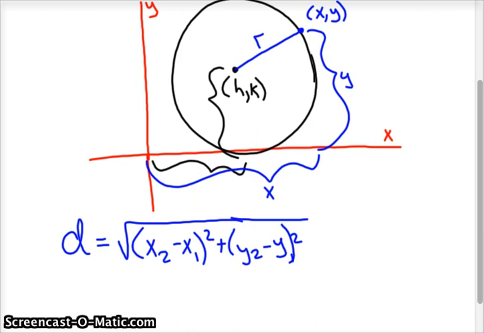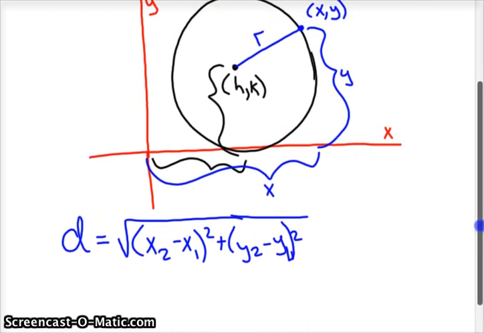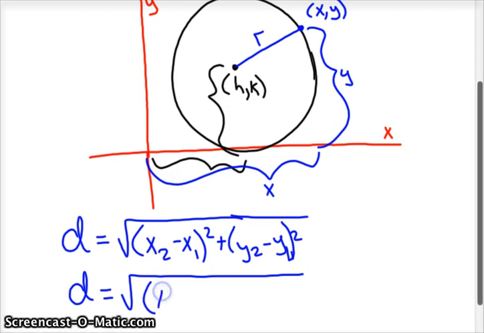Let's plug in what we have. One of our points is (x, y) and our other point is (h, k), so we'll start with x and y for x2 and y2. So our distance equals the square root of (x minus h) squared plus (y minus k) squared.